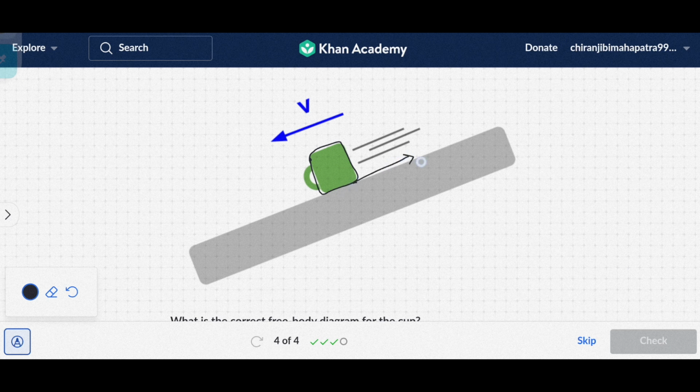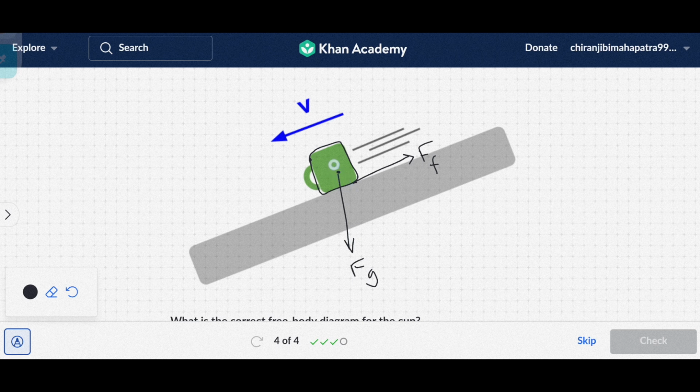So here, the force of friction is opposite to the motion. Gravity is always down, from the middle. We have to consider this object as a point. It's called the center of gravity actually, not the center of mass, but it's fine if the body is uniform.